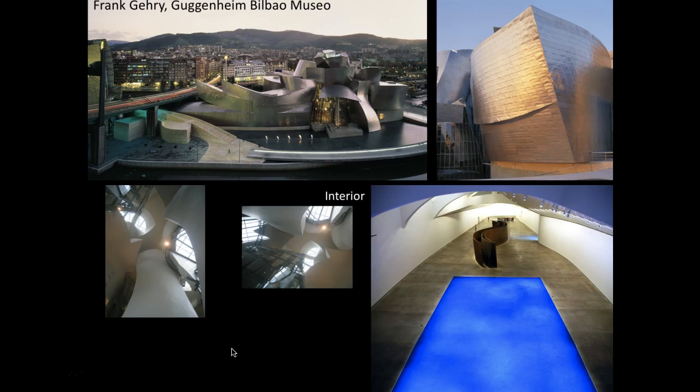It has a complex steel skeleton, and then it's covered with a shell of silvery titanium that shimmers gold or silver depending on the time of day and weather conditions. It's constructed of titanium, limestone, and glass. The seemingly random curves of the exterior are designed to catch the light and react to the sun and weather.